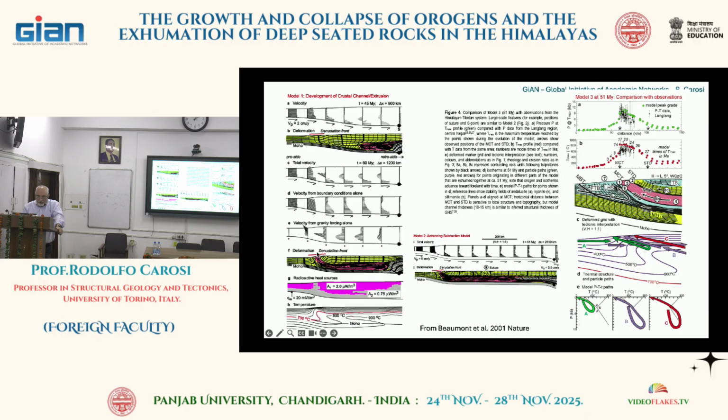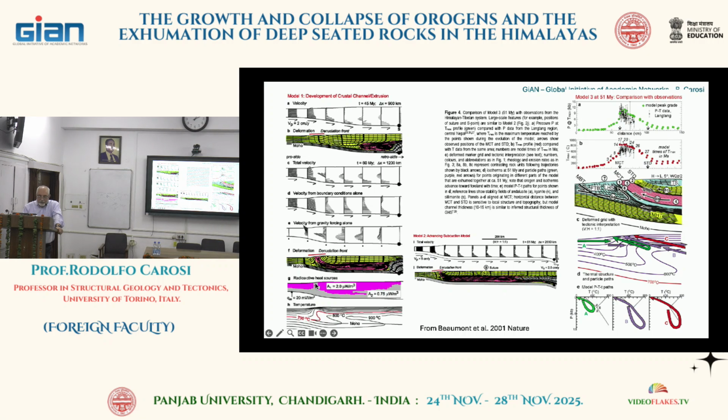the denudation front, the amount of material taken away by the rain, the monsoon, and the radioactive heat source of the sediments from the Indian plate coming in subduction, because there is more or less 2 microwatts per cubic meter.